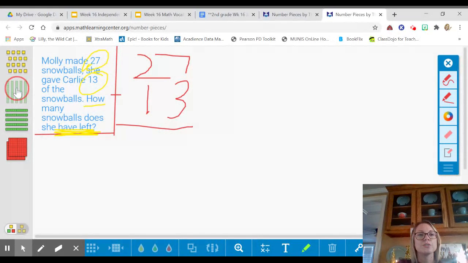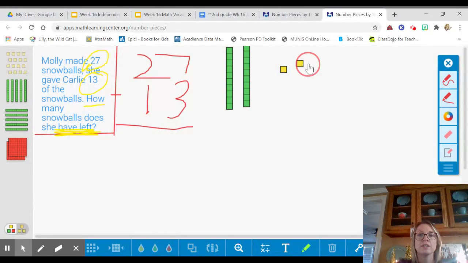So I'm going to drag my base 10 blocks over here. I know that I need 2 tens because 2's in the tens place, and then I need 7 ones. So 1, 2, 3, 4, 5, 6, and 7. So I've got my base 10 blocks.